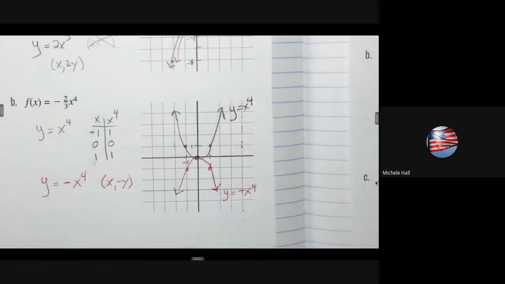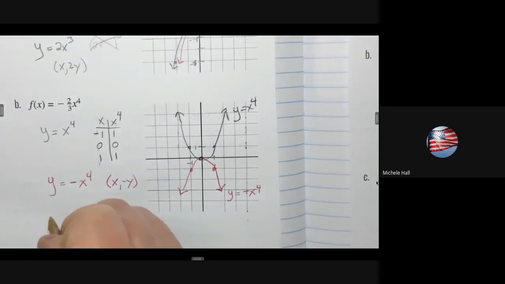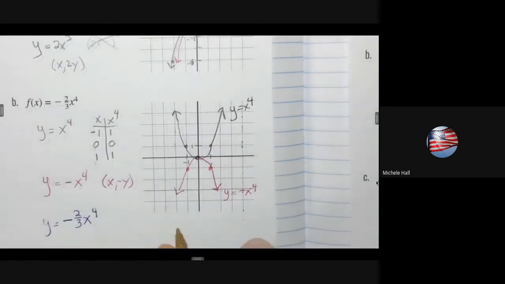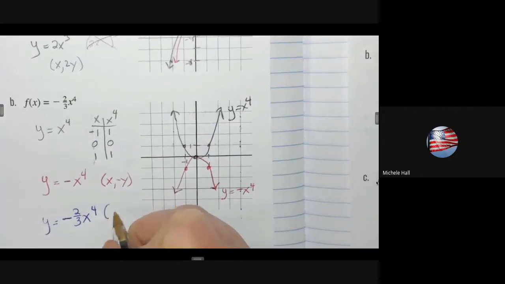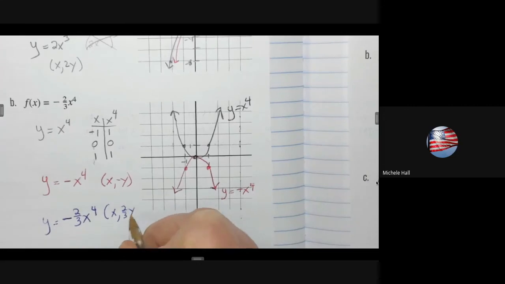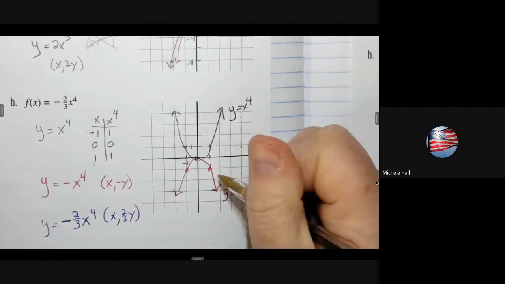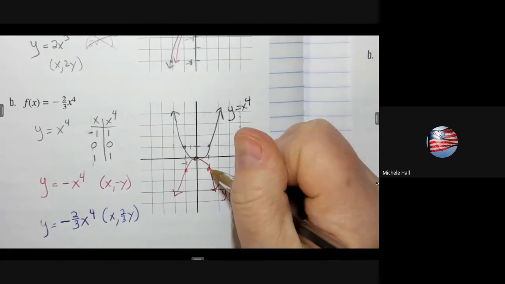The last one that we're going to do is multiplying by 2/3. So again, we're going to be multiplying our y values by 2/3. This is still going to be 0. Negative 1 times 2/3 is negative 2/3.